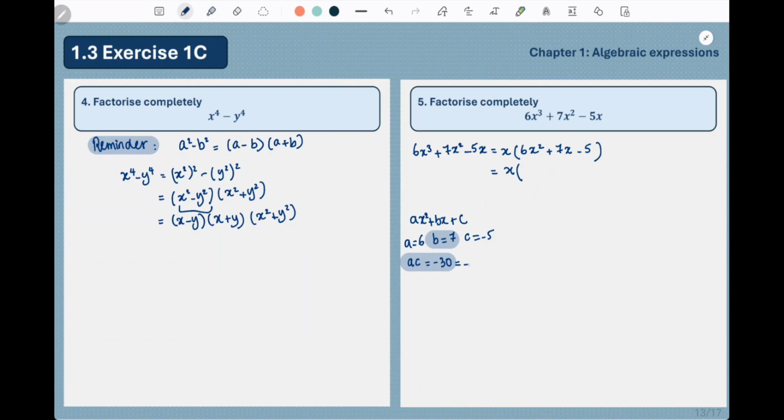I can think of two that multiply to give minus 30: minus 2 times 15. And what else? We have minus 6 times 5. Do we have any more?